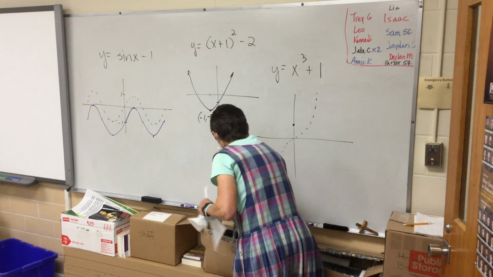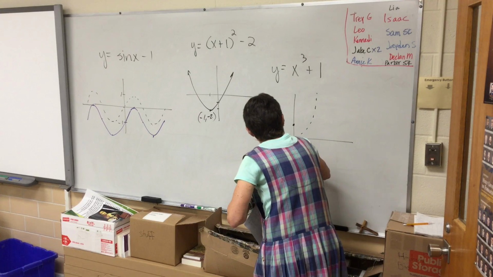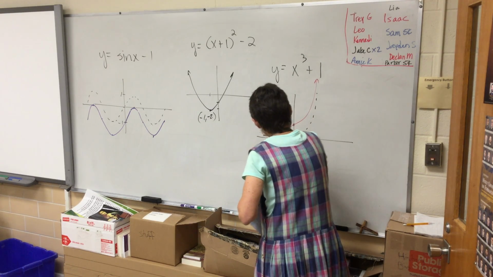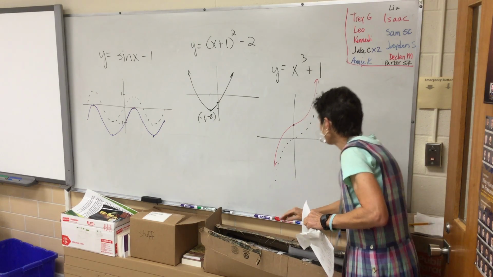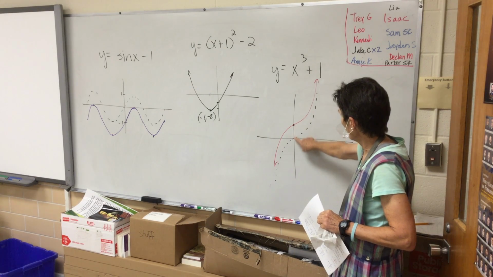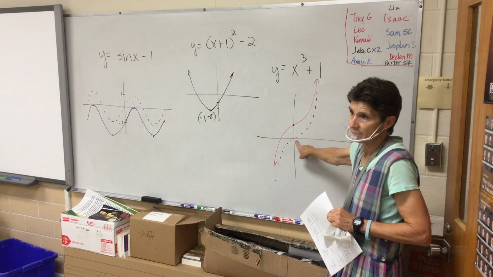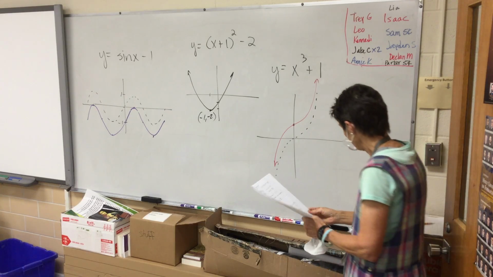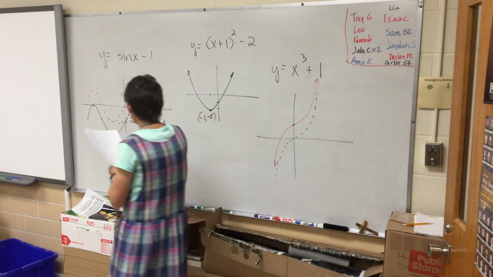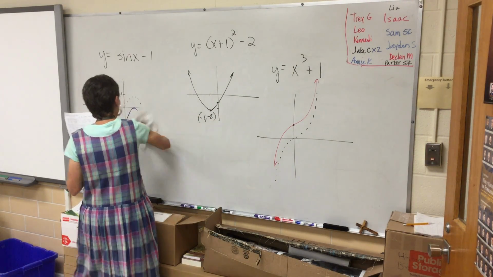So that's going to look like that. So the red one is your answer. It squiggles up 1 from where it normally does. Okay, and one more of those.